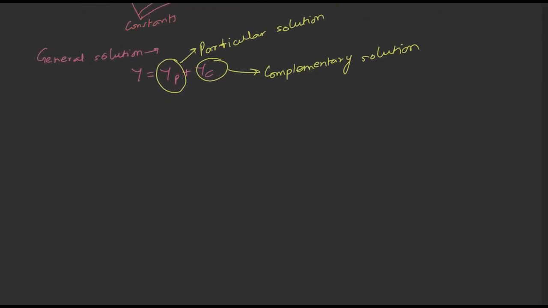Now how can we determine the value of yp? It's pretty easy. Yp equals gamma divided by 1 plus alpha plus beta.